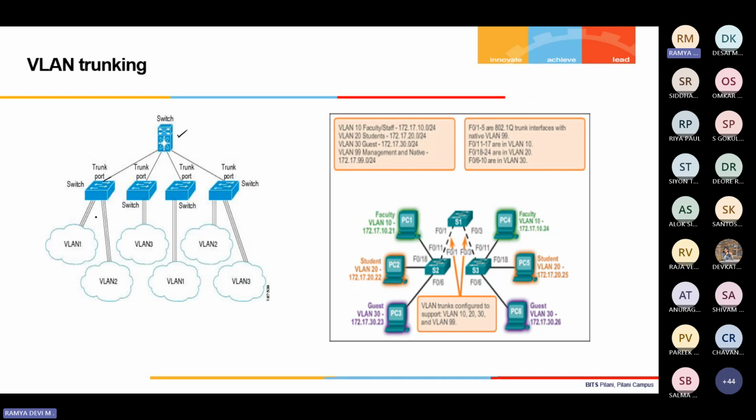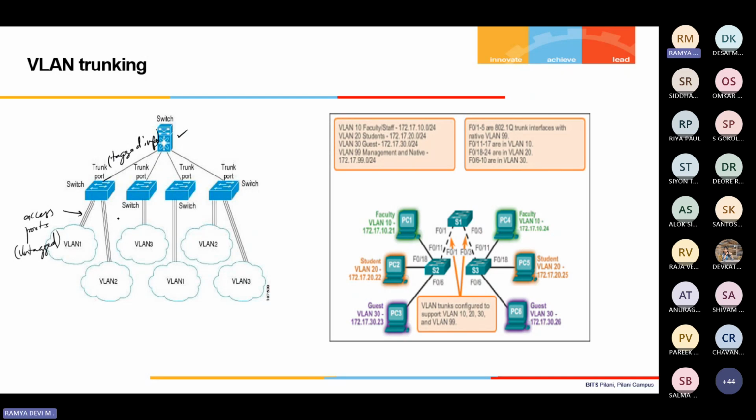It could be a client or server. Everything is connected to the access port, so these are called access ports. Access ports will have the untagged information and the trunk port will have the tagged information.